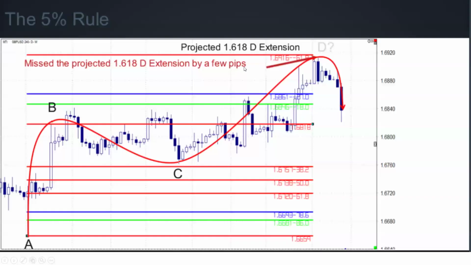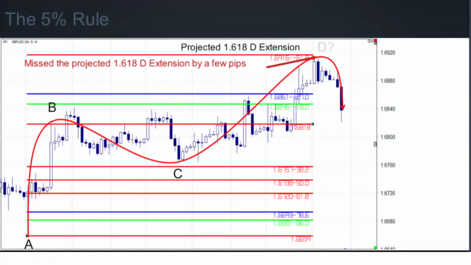There are instances where also the actual D, look at your projected D here, but see your actual D, it's a little bit lower than the projected D. So if you have set your take profit here, and the market comes here, these few pips, the market will turn and you will not be in profit. So that's why we need the 5% rule. So we do some extra calculation.